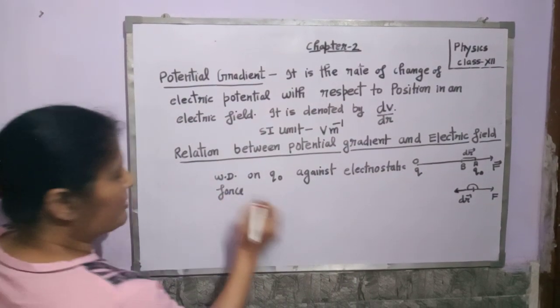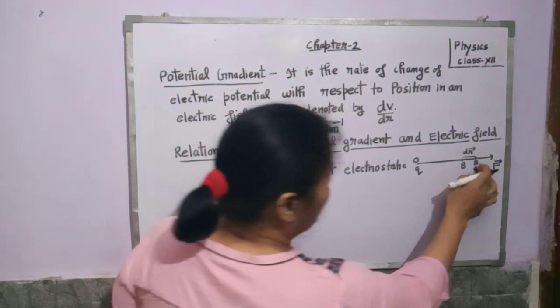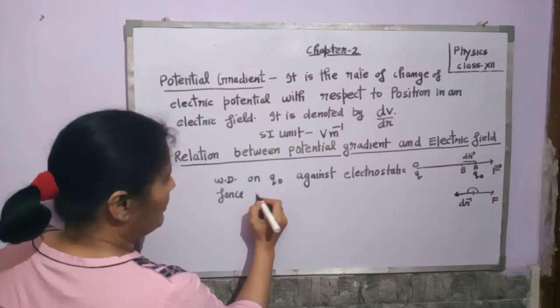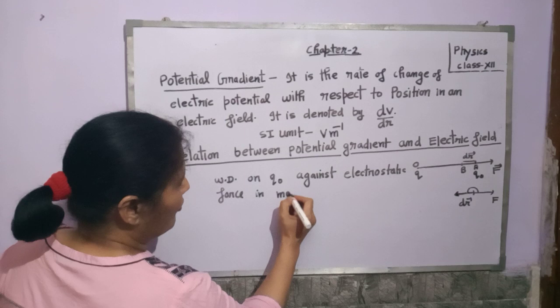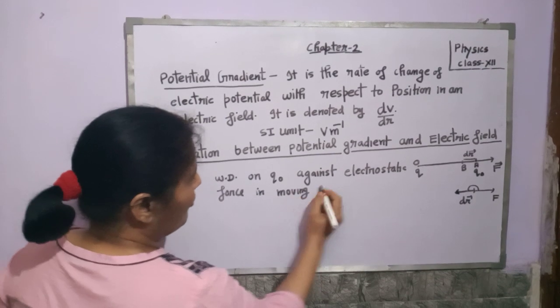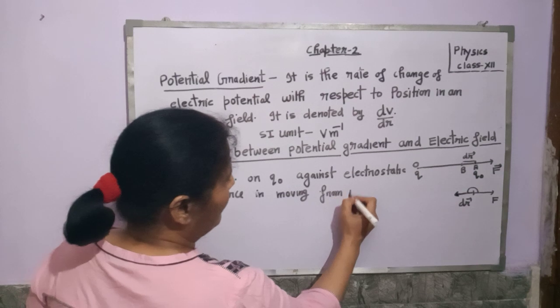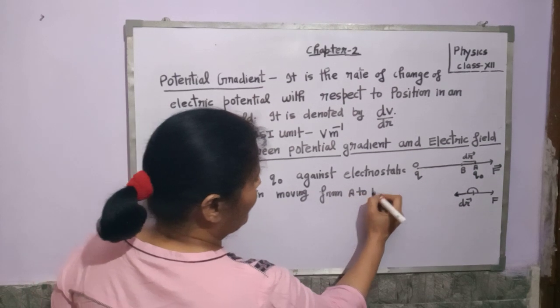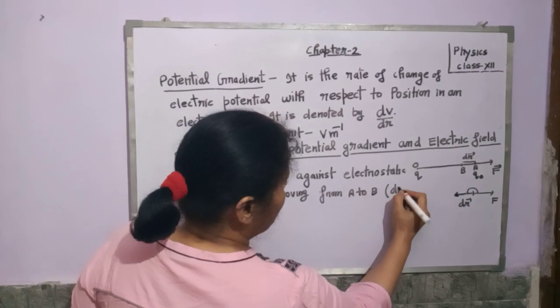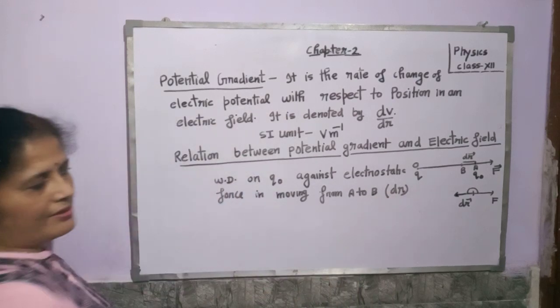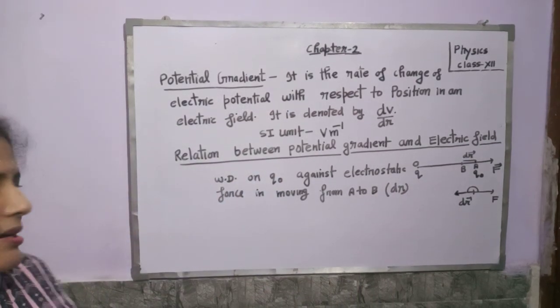In which direction is it moving? It is moving from A to B, that means the distance is dr. Because the distance is small, therefore small work is done in this case.